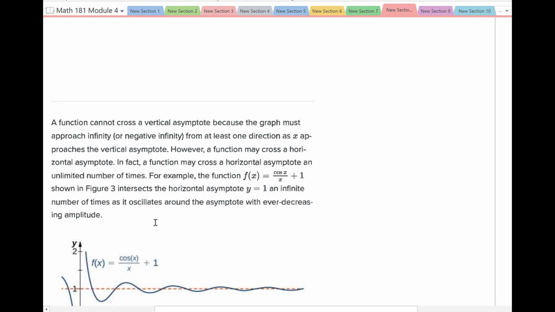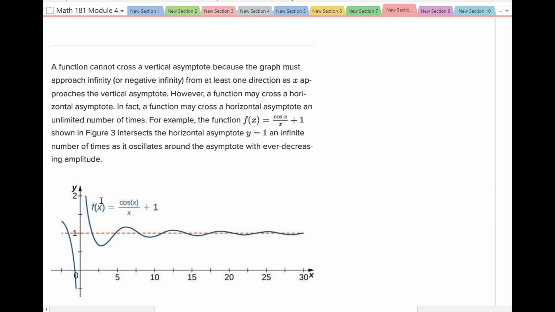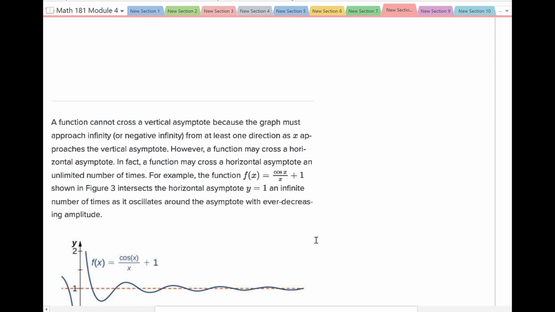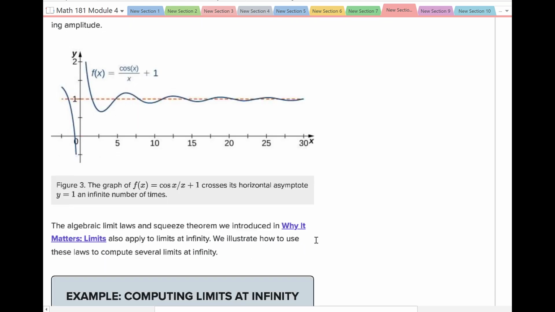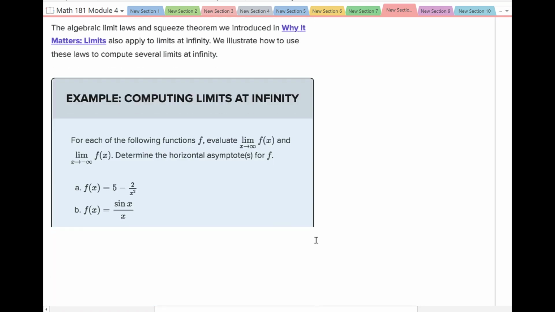This could extend beyond polynomials. In a case like this, where it's a trig function over x, we're going to see one that has a sine function, but as you go on, it keeps oscillating above and below, but it's always approaching this line. Okay, so let's do some examples.